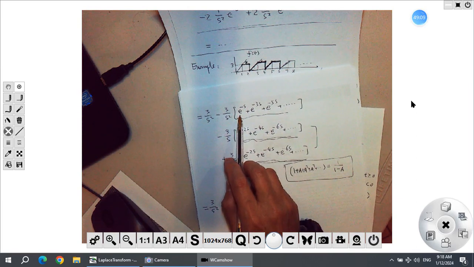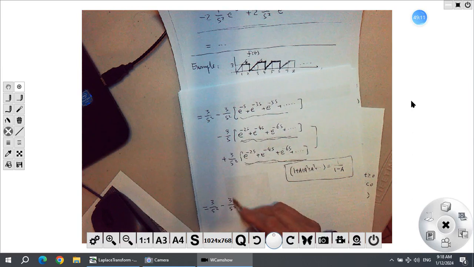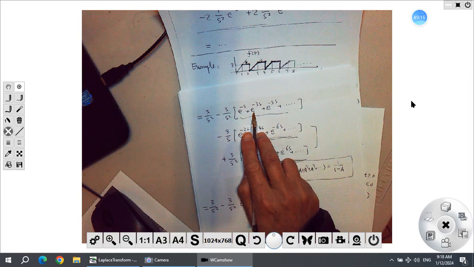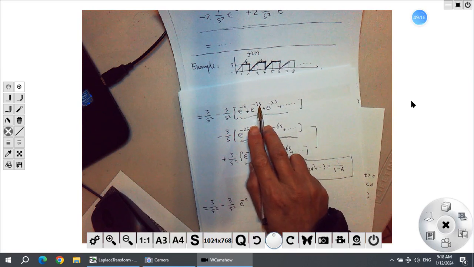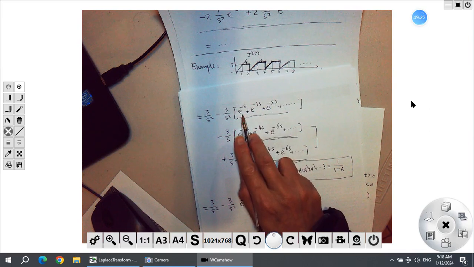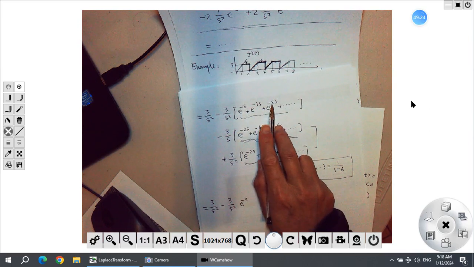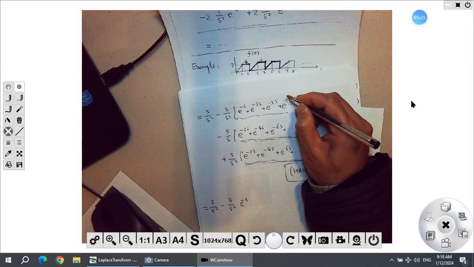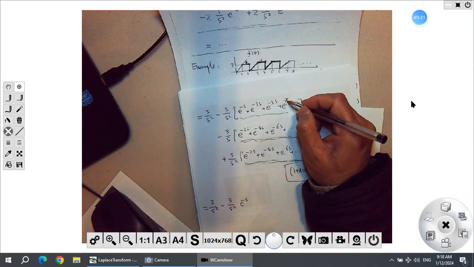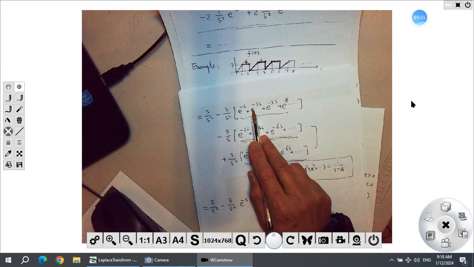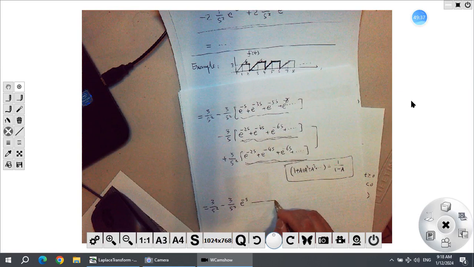The first term, after I remove this e to the negative s in front, is 1. And then e to the negative 2s, e to the negative 4s, e to the 0, e to the 2, e to the 4. Move 1 out, so it's 1, 2, 0, 2, 4. Okay, so this is just 1 minus that a, which is e to the negative 2s.